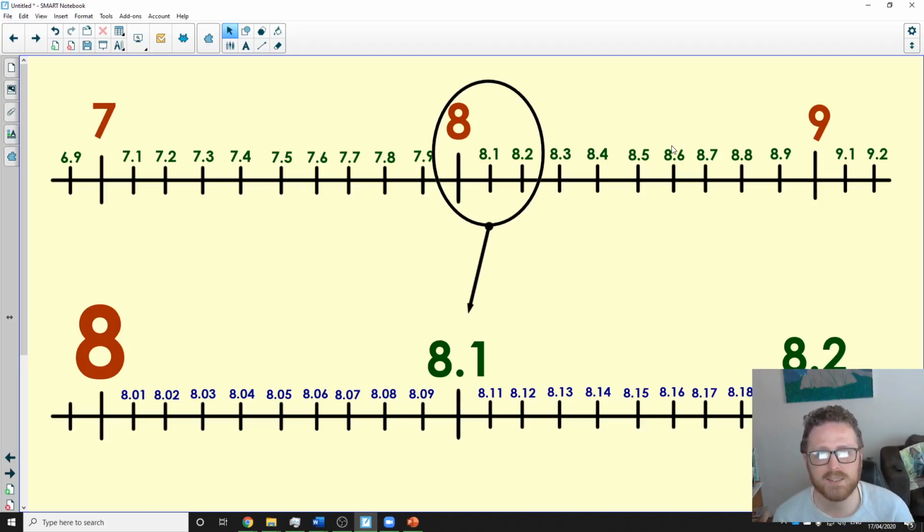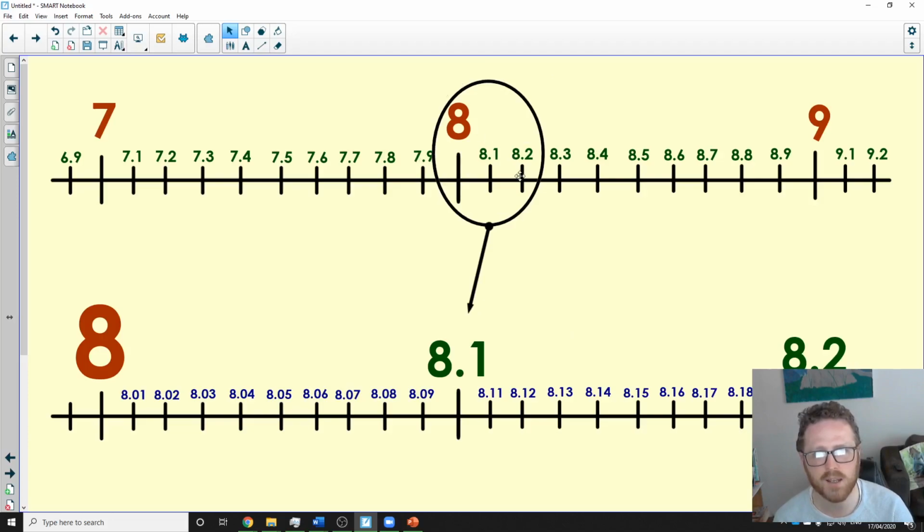Now, that's all well and good, but in year 4 we do look just a tiny bit further into our decimals by not only looking at the tenths, we look at the hundredths as well. So imagine, not only have I divided my gap here, my 7 to my 8, into 10 equal parts, I've also divided each of those equal parts into 10 equal parts as well.